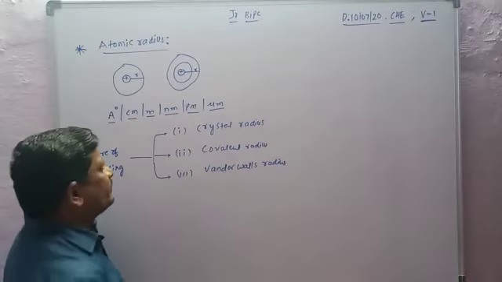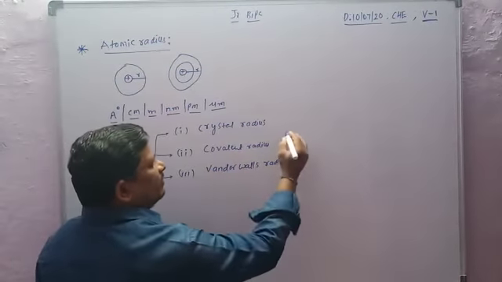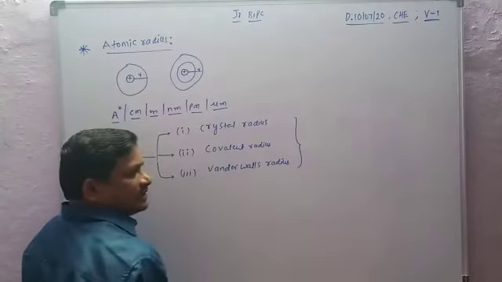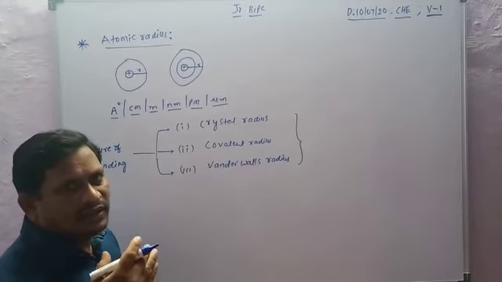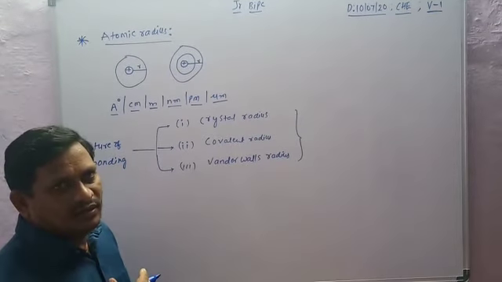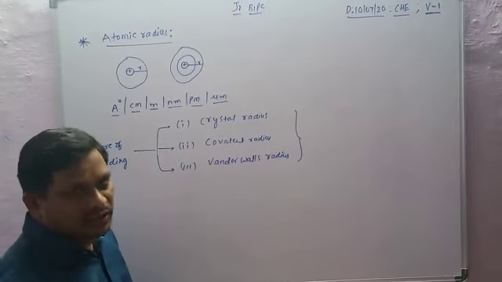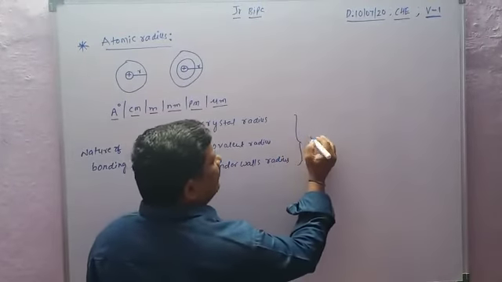Crystal radius, covalent radius or van der Waals radius means half of the internuclear distance.